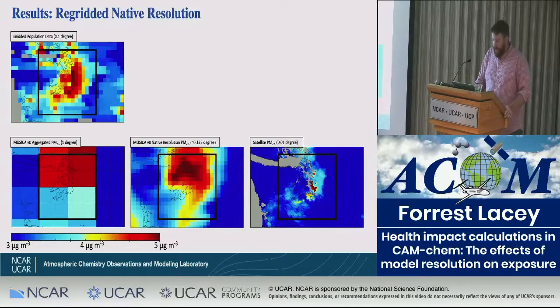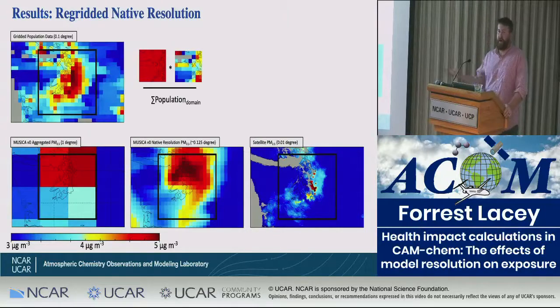And then how we calculate this is we basically take our concentration from the model, multiply it by the population, and then divide by the total population in the domain. And this gives you the population-weighted PM2.5, which is what we were showing on those cohort curves. So this is how you calculate the relative risk in the model. You have to have some pollutant concentration, some population, and then that gives you the population-weighted PM2.5.